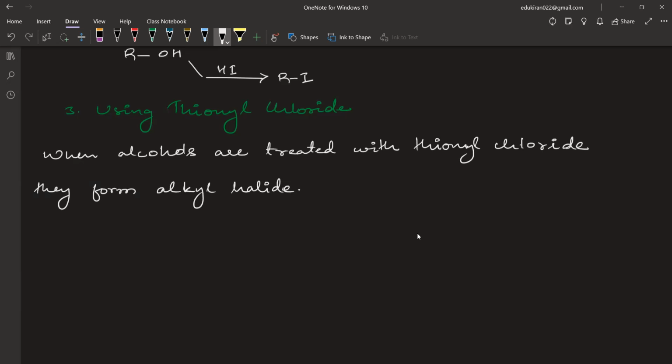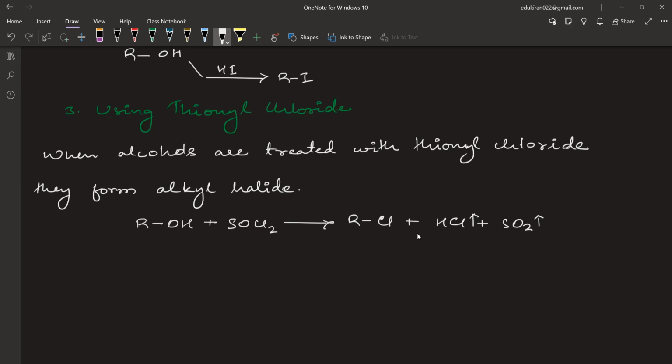ROH in the presence of SOCl2, that is thionyl chloride, gives you RCl plus HCl and SO2. Both of these are escapable gases. And that is why this is a preferred method of preparation for haloalkanes.